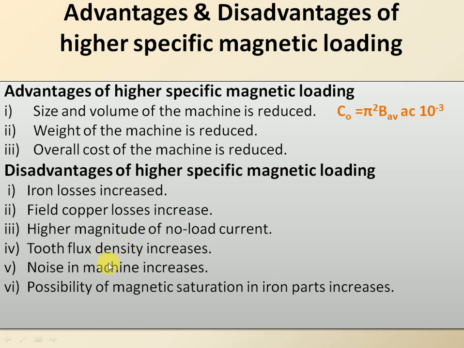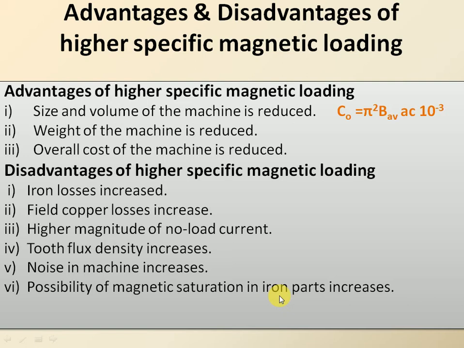Tooth flux density increases, and there is a higher magnitude of no load current, as the value of field MMF has been increased. There occurs some noise in the machine, and there is a possibility of magnetic saturation in iron parts, specifically in the tooth portion of the DC machine. These are the disadvantages for choosing a large value for B average.